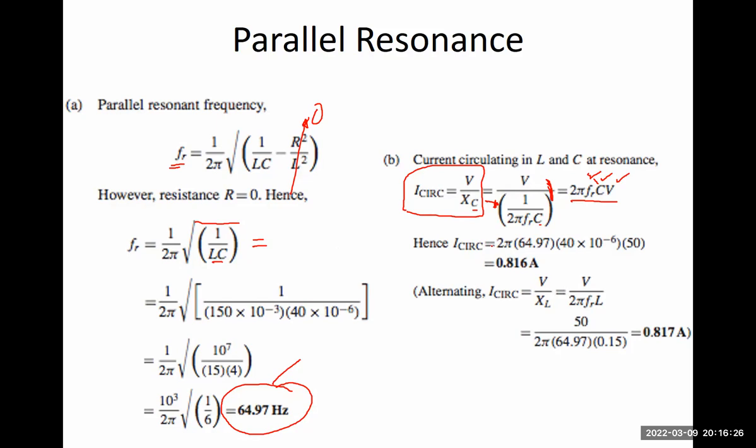Substituting all of this, the current circulating in the circuit is 0.816 amperes, or 816 milliamperes. Notice that if we use XL instead, there is only a very small difference: 0.817 amps, or 817 milliamperes.